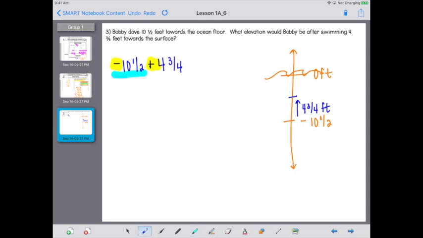So my answer is definitely going to be a negative number. When you use the calculator, you're going to get negative 5 3/4. Or if you want to have decimals, you could do negative 5 and 0.75 feet. And that's your answer.